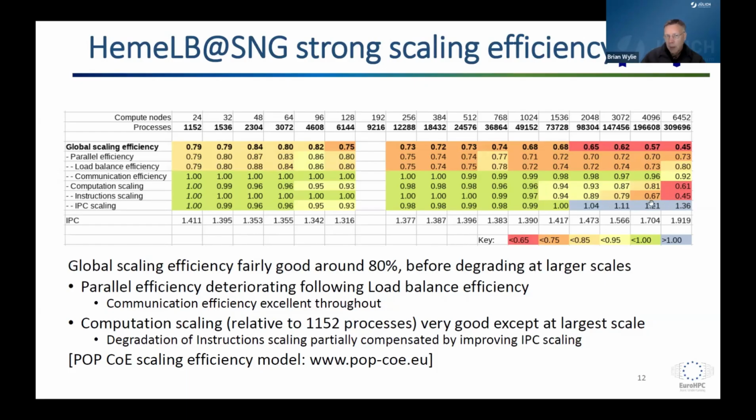So IPC, the instructions per cycle, was actually getting much better. The amount of data that each process was working with was getting smaller, was fitting better into cache, and so it could be executed more efficiently. That efficiency was increasing by 30%, whereas the instruction scaling, the amount of work that had to be done on each process, was degrading badly.